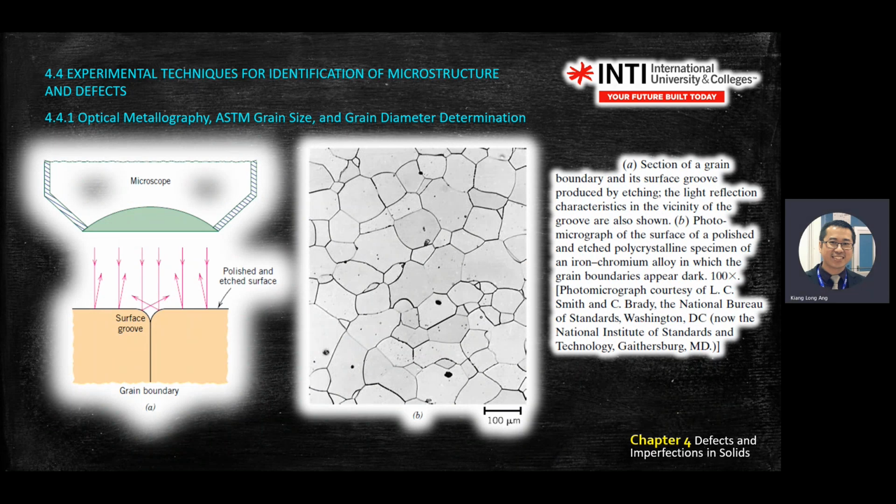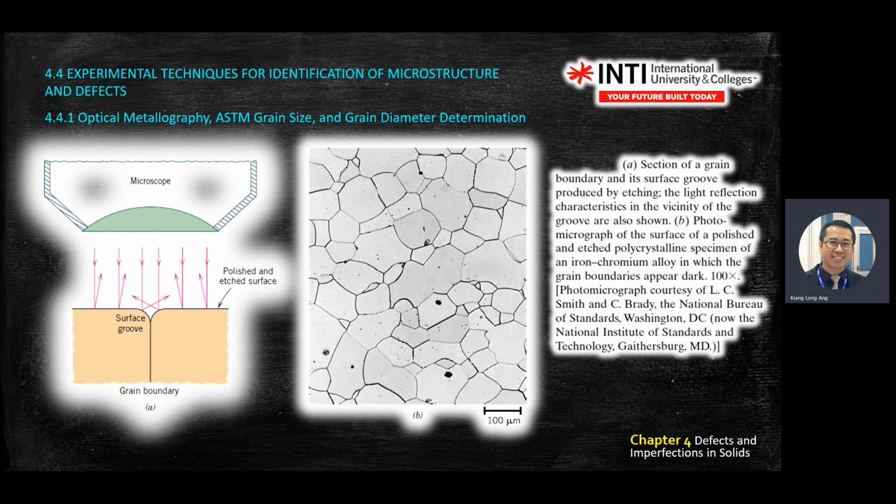This is the iron chromium alloy. You see the small dot here is the alloying element. Okay. So when you see all this black line in your experiment, it means that there is a reflection on the grain boundary here.